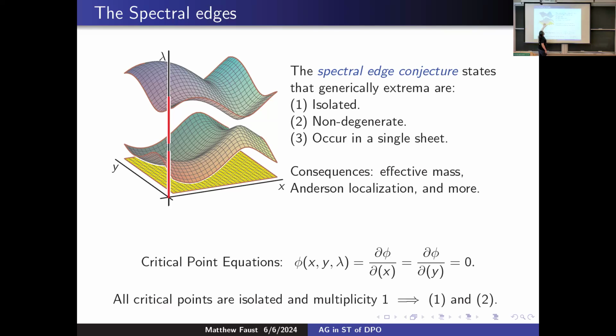These are with reference to the corresponding extrema of the actual Bloch variety. And this has consequences for the mathematical physicists and relates to effective mass, Anderson localization, and other properties, which I won't go into detail. I just want to get across there are reasons to study this, and these spectral theorists care whether this conjecture is true or not.